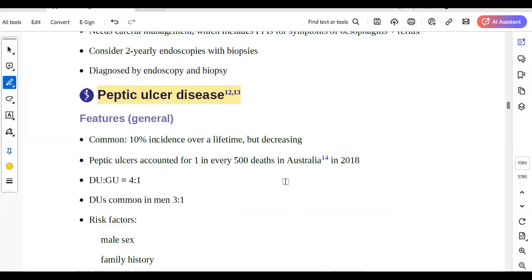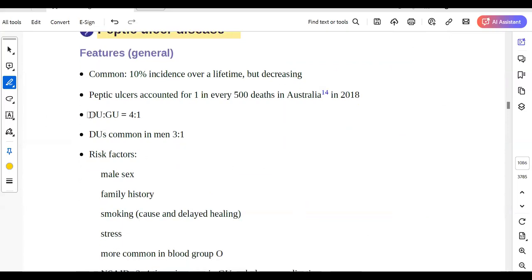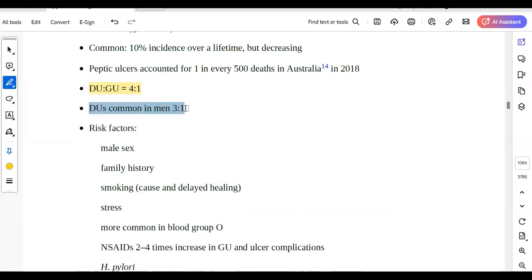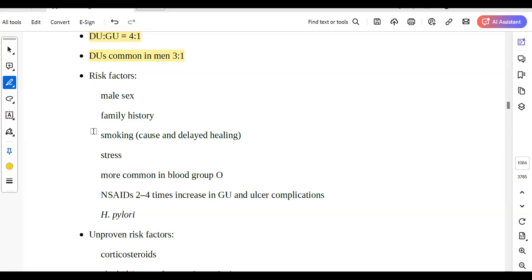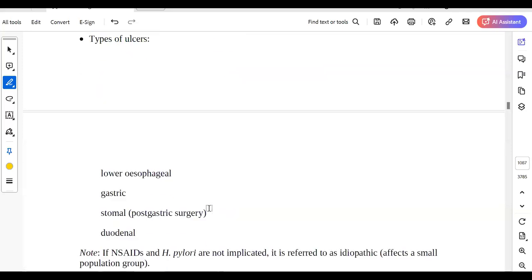Peptic ulcer disease. Okay. So peptic ulcer disease is very common, not very common in Australia, but it is common. Duodenal ulcer is more common than gastric ulcer, and duodenal ulcer is more common in men. Lots of risk factors are there. Most commonly it is related to H. pylori or NSAID.